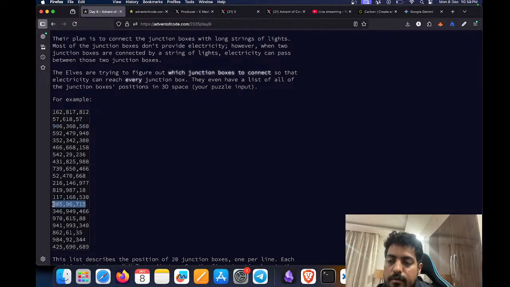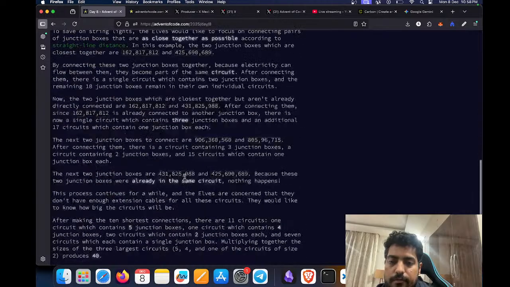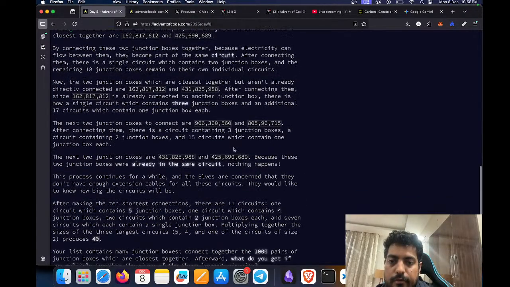This one. 906 and 805. Is it 2 and 13? 0, 1, 2, 3, 4, 5, 6, 7, 8, 9, 10, 11, 12, 13. Okay, which was correct. I don't know why I was confused. After connecting them, there is a circuit containing 3, and a 2, 15.